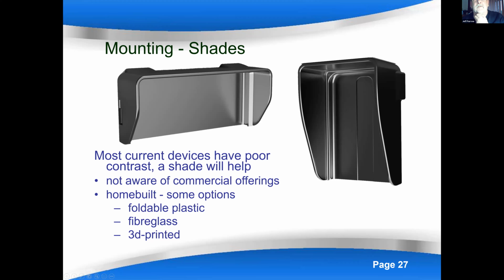My first one was just a plastic binder cover, cut to suitable shapes, and with a bit of Velcro and cloth tape to reinforce the joins, made up a device that would fold up and form a cover. If you're good with a bit of woodwork and make up a plug, you can mould your own fiberglass one, or there's a couple of 3D printed ones, which is the type of thing I use currently.